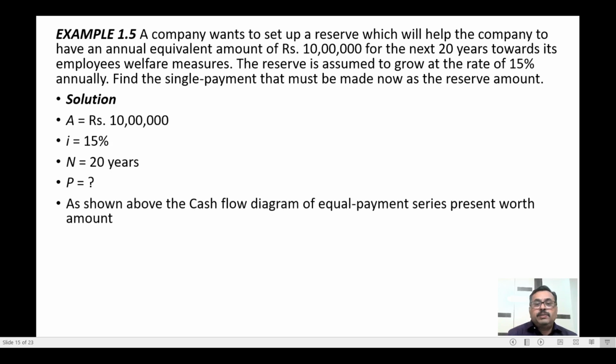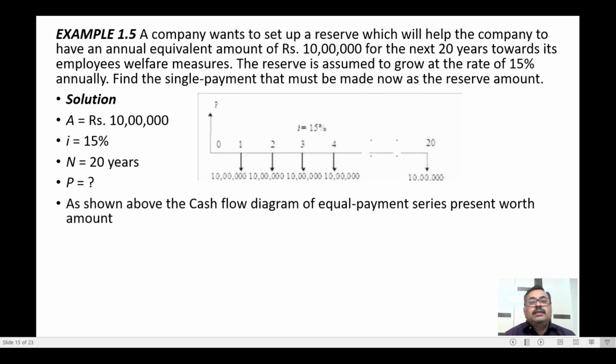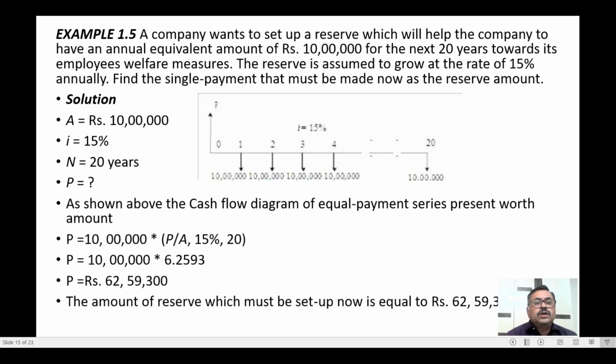As shown in the cash flow diagram, you can see the present amount is how much, if you need to get 10 lakh rupees for the next 20 years with an interest rate of 15%. P is equal to 10 lakh rupees into P bar A comma I comma N. Okay, P bar A, I is 15% and N is 20.